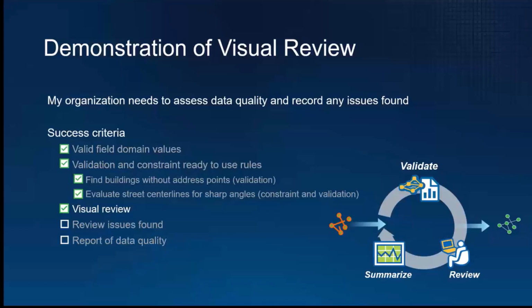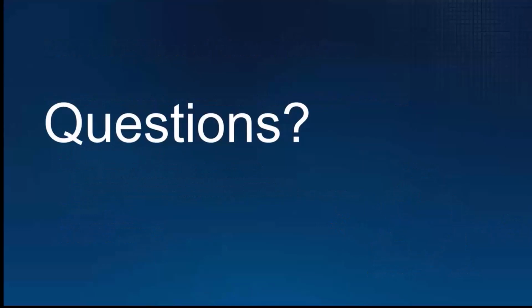Let me take a look at some of these questions and see what we have, if anything, related to what I just showed on visual review. And I think someone was asking about the error file and how that gets stored. So good question.